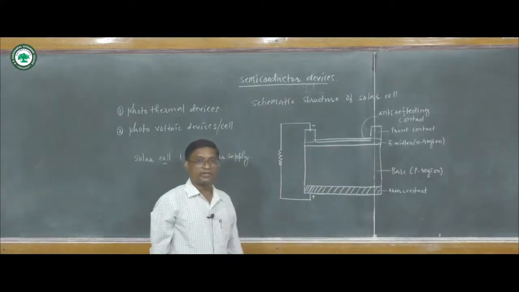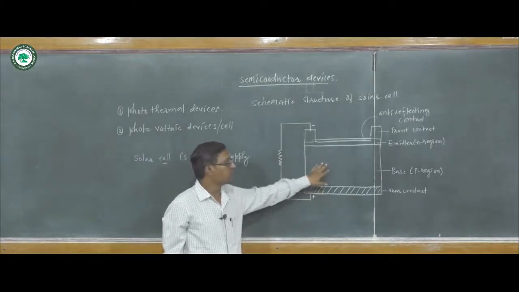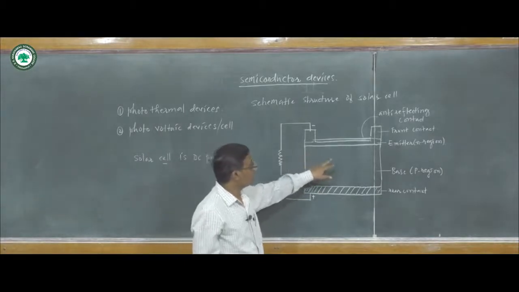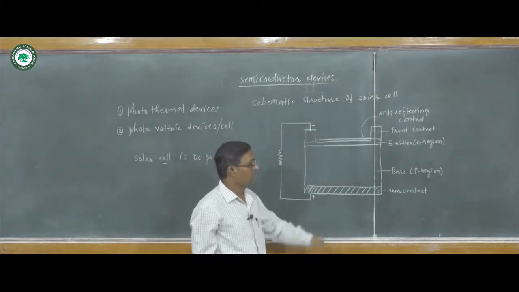This is the schematic structure of the solar cell. In this solar cell, there are two regions, the P region and the N region.